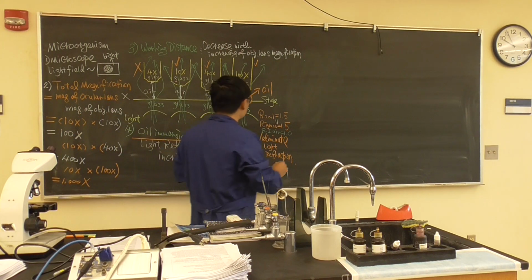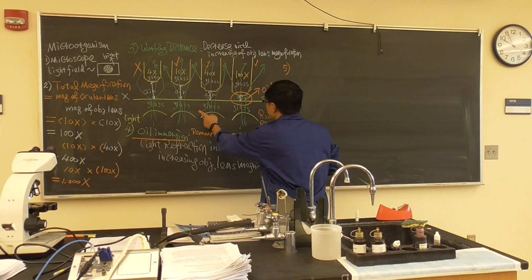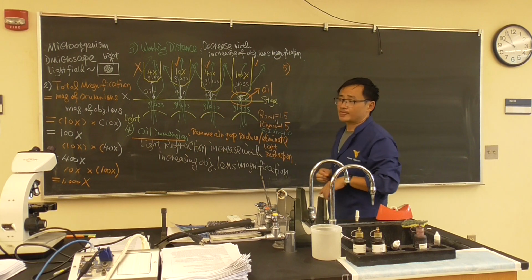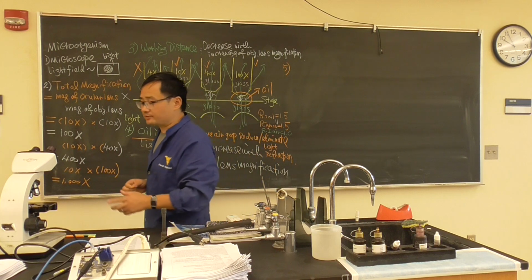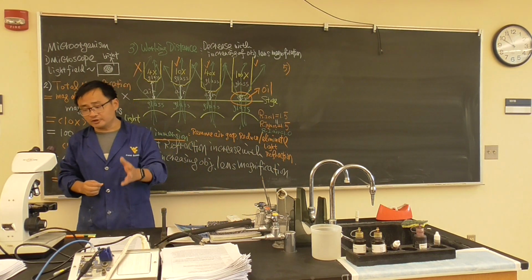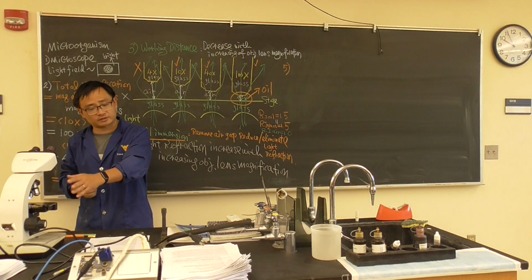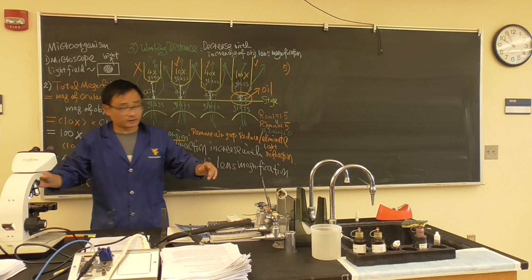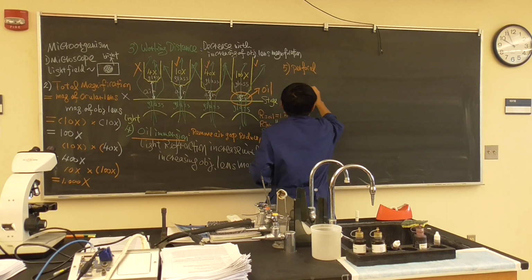Now, the next one. Remember, we talk about using 10x and 100x. For this type of microscope, there is a very good characteristic. Obviously, what I said, a very good characteristic, is assuming this microscope is good. We call it parfocal. What does this mean?